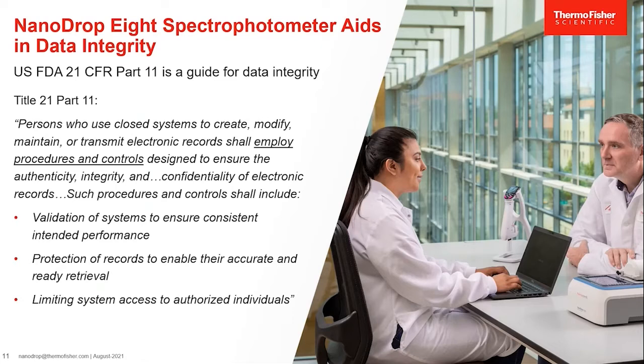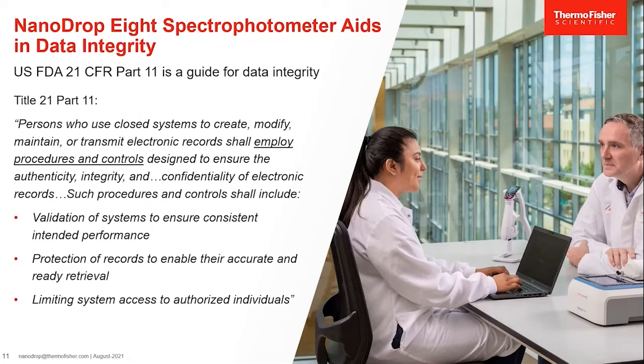And in short, it employs procedures and controls designed to ensure authenticity, integrity, and confidentiality of electronic records. And so it enforces the user to ensure that there are validation of systems to ensure consistent intended performance, protection of records to enable accurate and ready retrieval, and limiting system access to authorized individuals.